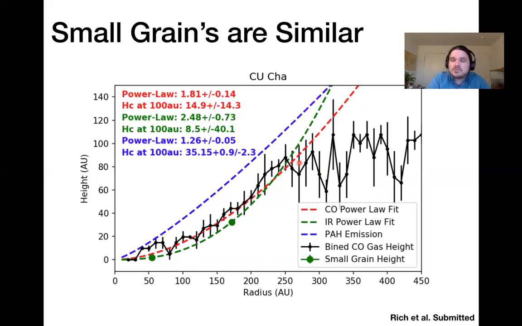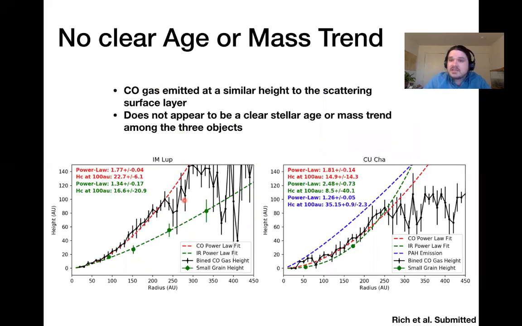However, our last object, CU Cha, appears to break this mold, where for the two rings that we observed, they show a very similar flare power law compared to the 12CO gas and the small dust grains here, where they appear to be emitting or scattering from a similar layer in the protoplanetary disk. So in the case of IM Lup and HD 163296, we appear to see a trend that we didn't necessarily anticipate seeing, where we see this divergence as you go to larger radii. However, in the case of CU Cha, it really confirms what we expected to see.